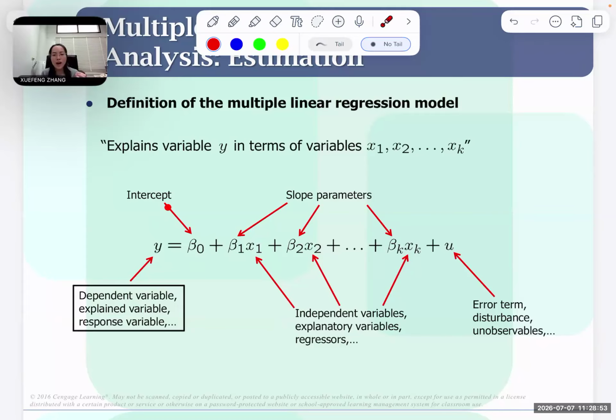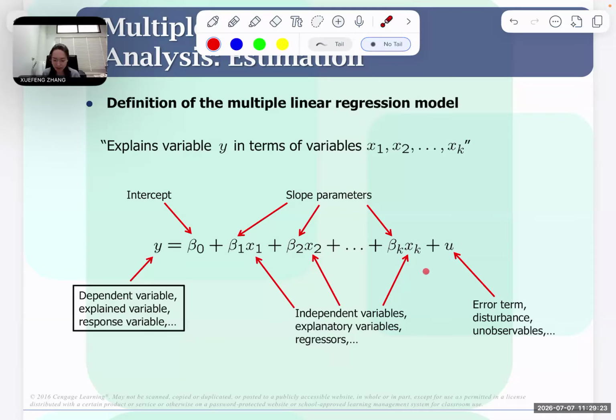It's y's starting point when everything else is 0. And for beta 1, beta 2, all the way through to beta k, those are slope parameters. Each one answers: if this x goes up by 1 unit, how much does y change? Okay, holding all other x fixed.